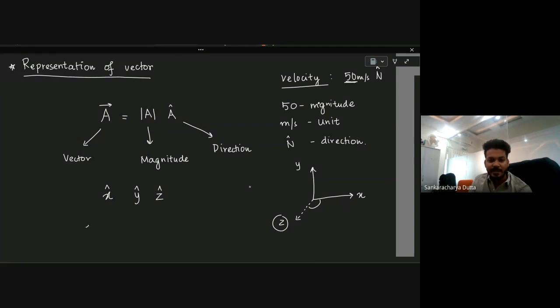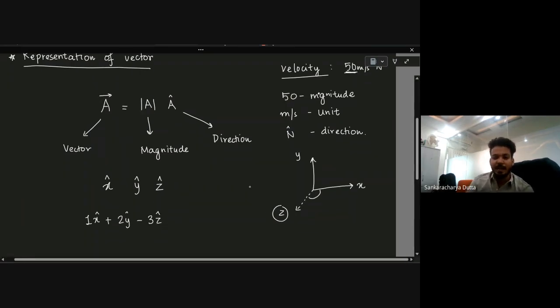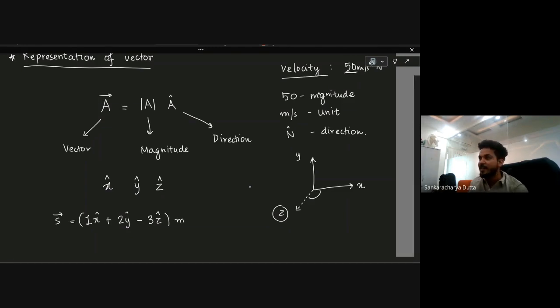Now, for example, if I say 1 x cap plus 2 y cap minus 3 z cap, what does this imply? If I say this is the displacement vector, it means I am traveling 1 meter along the x-axis, 2 meters along the y-axis, and 3 meters opposite to the direction of the positive z-axis. Okay, so that is what it means.